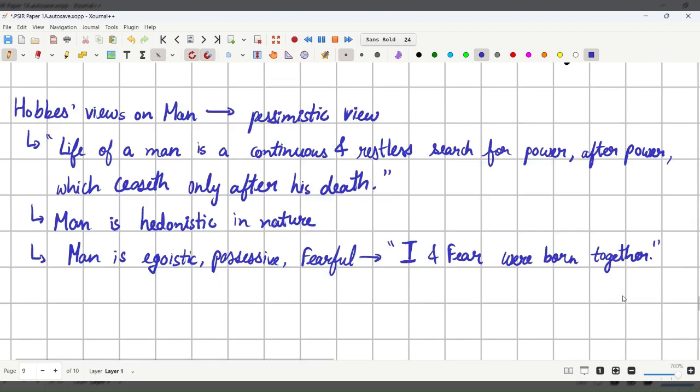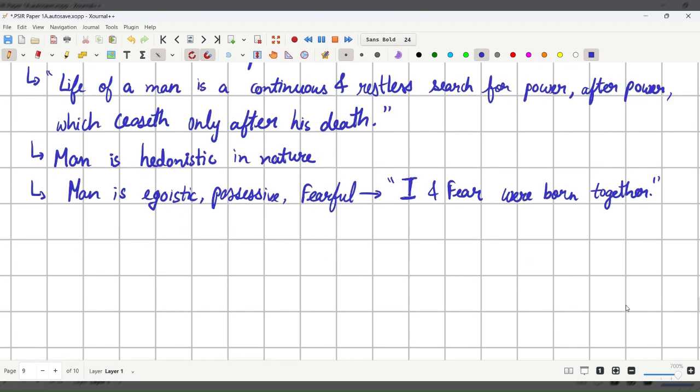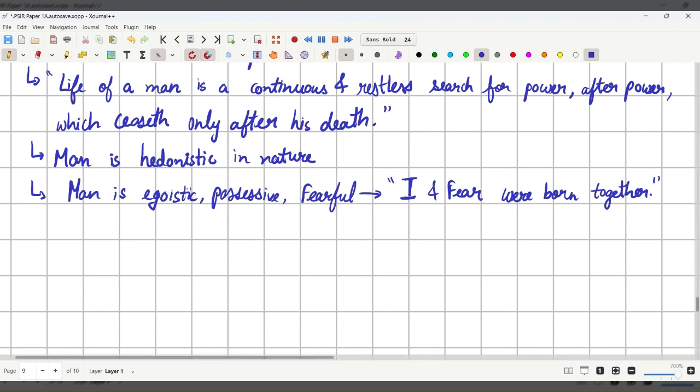He was born during the Spanish Armada, a very violent period in England. After Spain attacked England, everyone was in a state of fear, a state of nature, due to the constant attacks. That is why he later said that I and fear were born together. So man always fears for his safety, his life and his property.